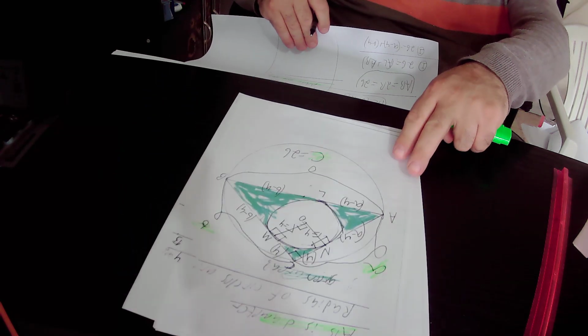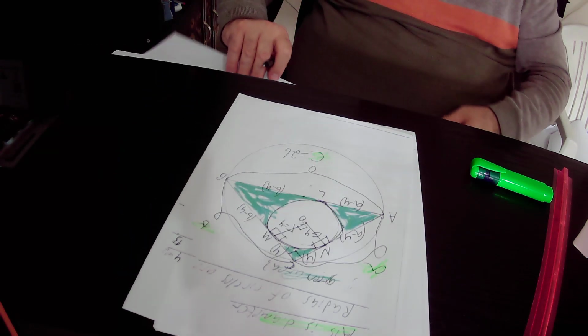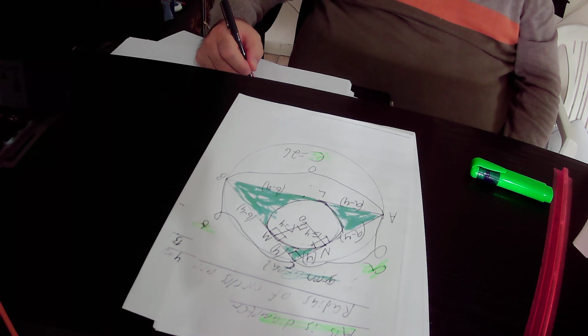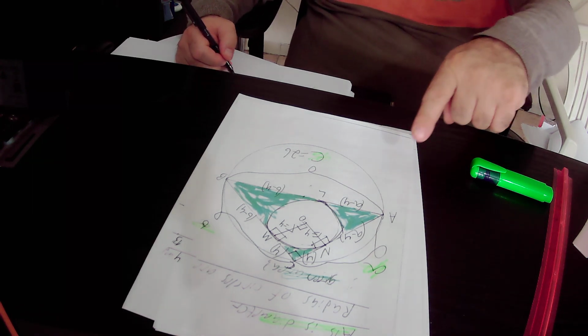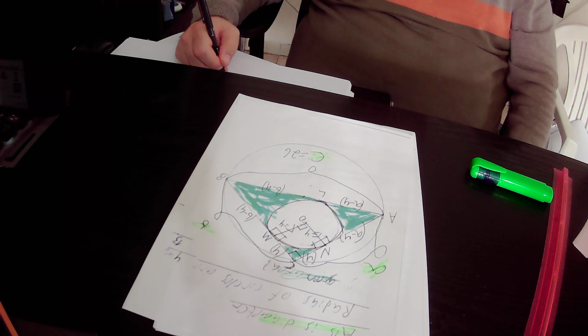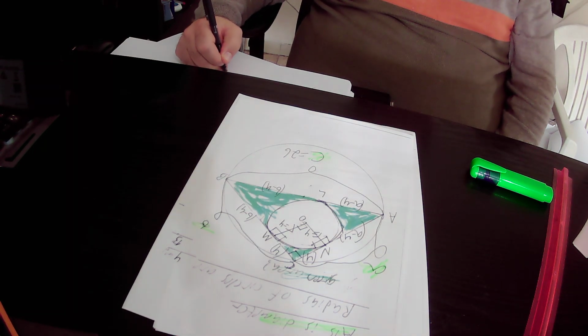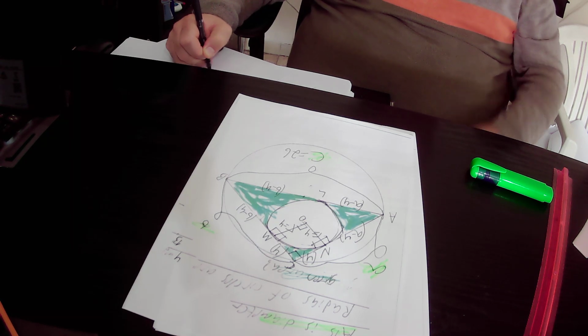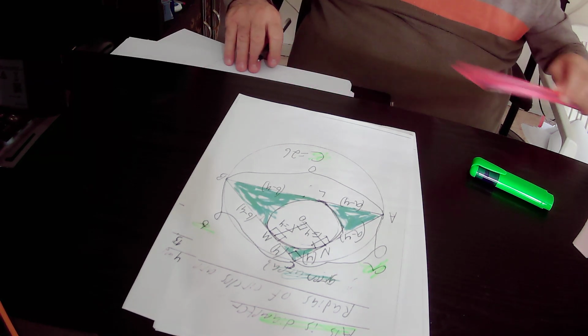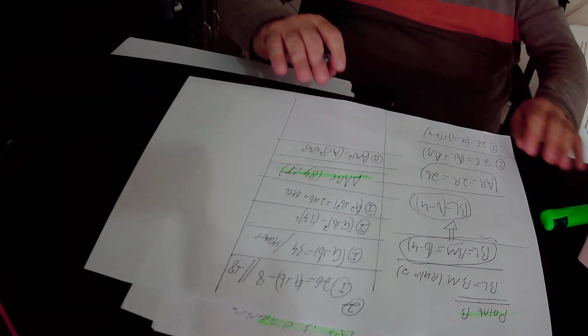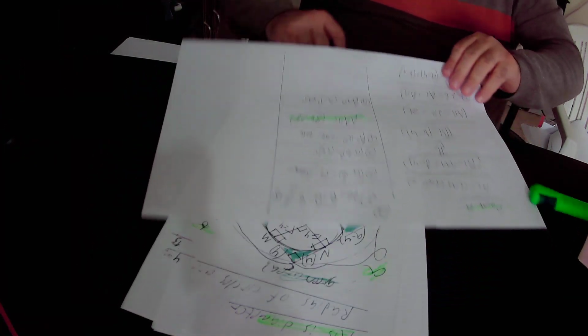So the hypotenuse of triangle ABC is AB, so the square of the hypotenuse is AB squared. And it is equal to the sum of the squares of the perpendiculars, so it is equal to AC squared plus BC squared. So in conclusion, according to equation number 2, AB squared equals AC squared plus BC squared.